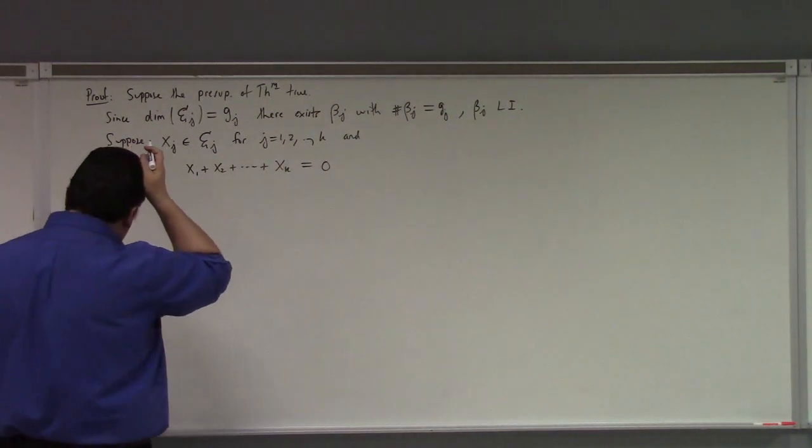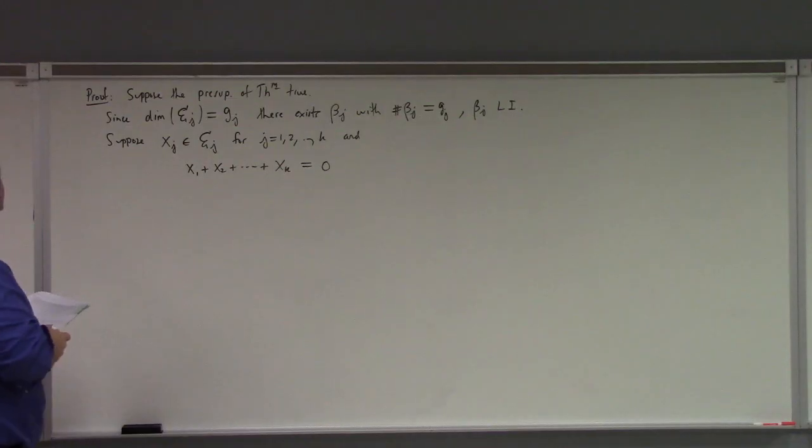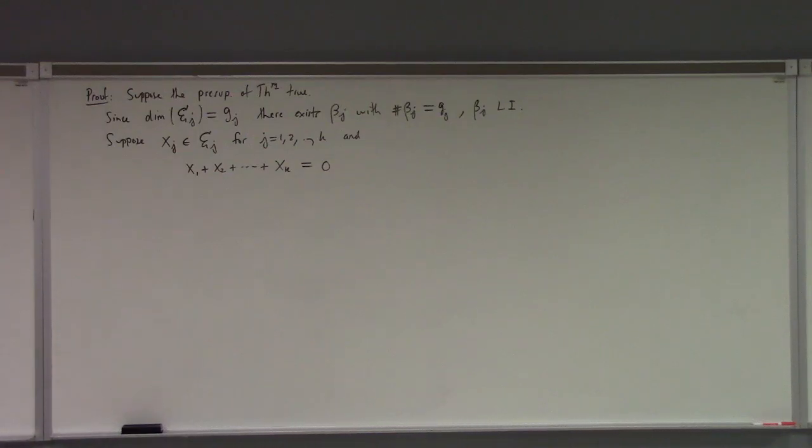All right? Now, do you guys remember the theorem that we stated? If this forces all of the x's to be 0, that implies that the subspaces E1 through Ek are, what's the word? Independent.